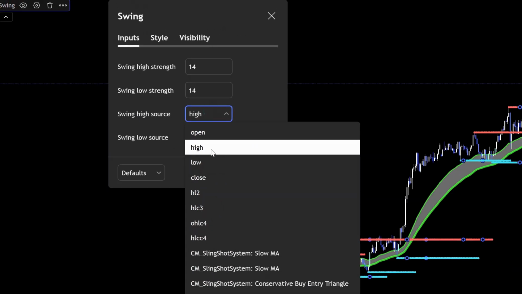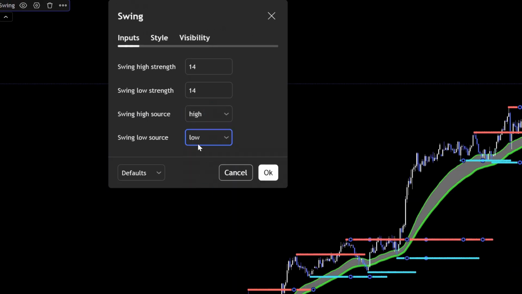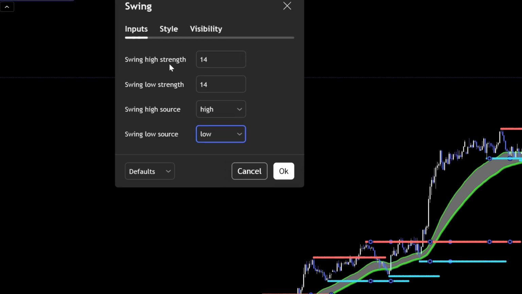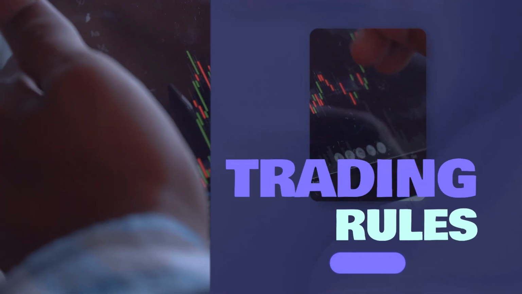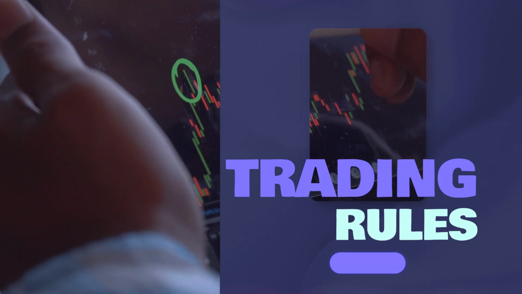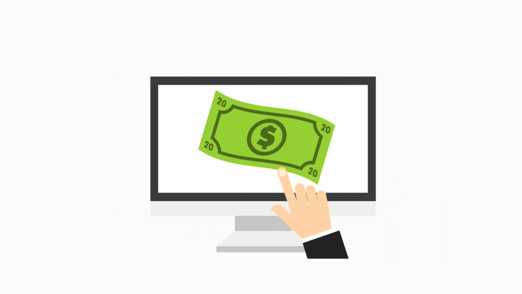Then make sure swing high source is set to high and swing low source is set to low. Leave the style tab alone. No changes there. Now we've got support and resistance levels tuned with our strategy. Hang tight, because I'll show you how this ties into catching those trends profitably. It's all coming together. Alright, let's talk about putting some cash in your pocket. Time to make some money.